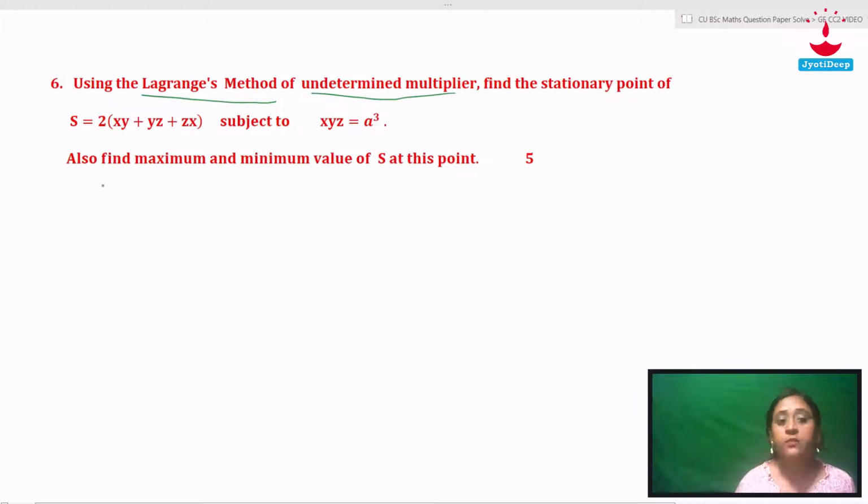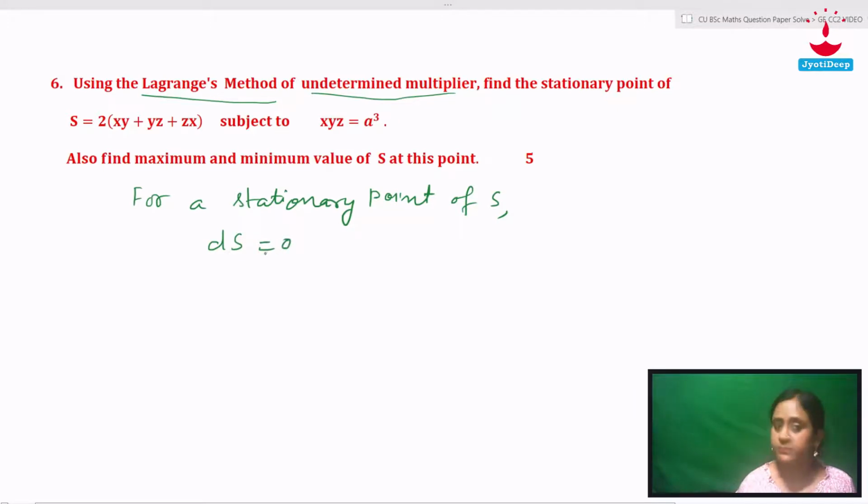Okay, so for a stationary point of S, we put ds is equals to 0. Okay, so here S is equals to this.